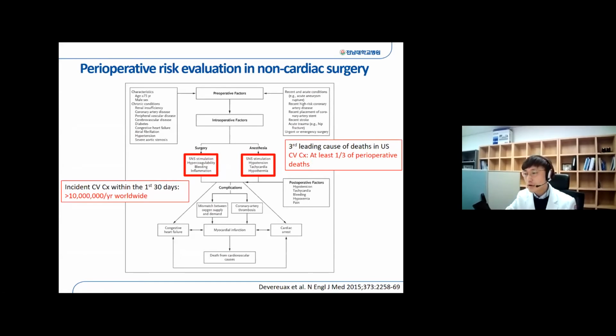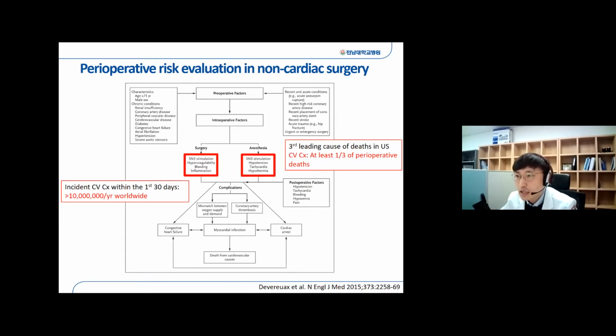According to a review article in 2015, the incidence of cardiovascular complications within the first 30 days after surgery is considered to be beyond 10 million cases per year worldwide. Perioperative death is the third leading cause of death in the United States, and cardiovascular complications probably contribute to at least 1/3 of all perioperative deaths.